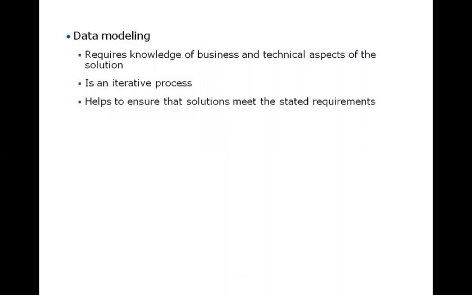Lastly, we want to talk about data modeling. Data modeling can also be called class modeling. So data modeling, object modeling, class modeling, they all mean the same thing because today we do object-oriented programming, right?